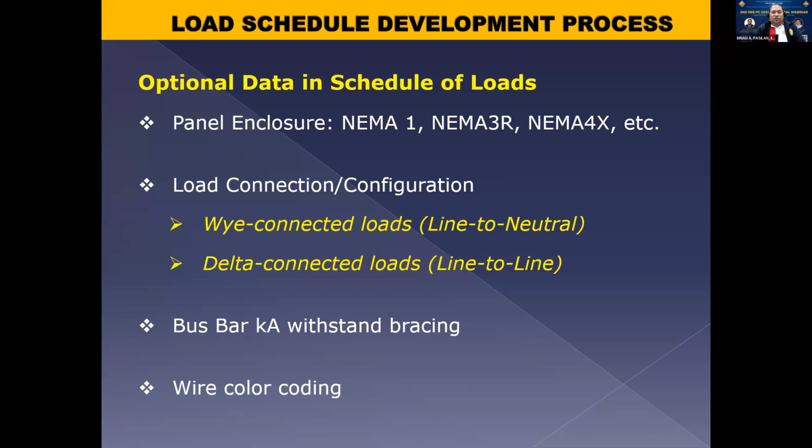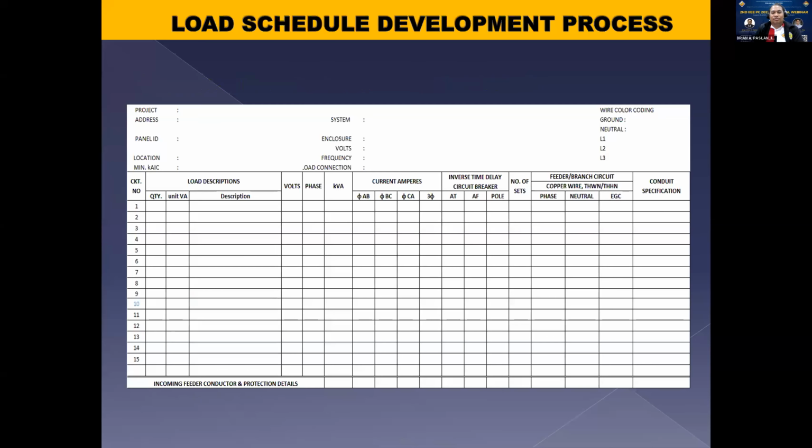Okay. And then optional also is wire color coding. So it's going to be RYB, etc., etc. So siguro sa mga cable suppliers natin, it can give them an idea kung sa load schedule natin, yung system natin, nag-specify ba tayo ng color coding, no? Okay, so this is a typical entry of a load schedule, no? So lahat yung sinasabi natin kanina, nandito yan, makikita natin, no?